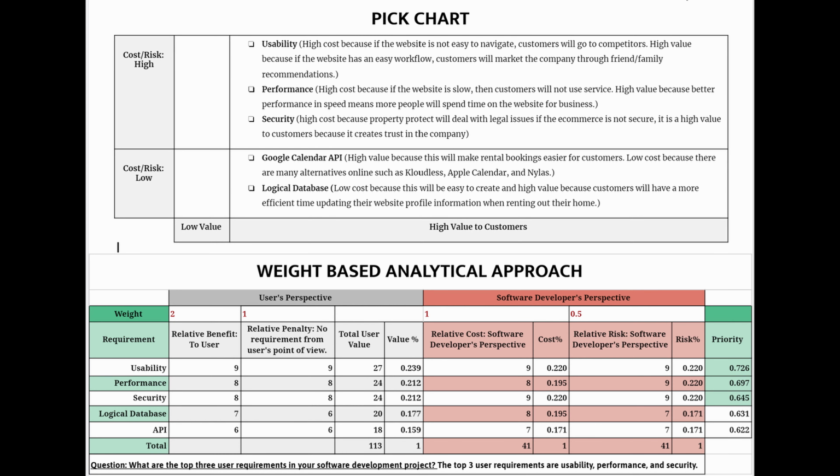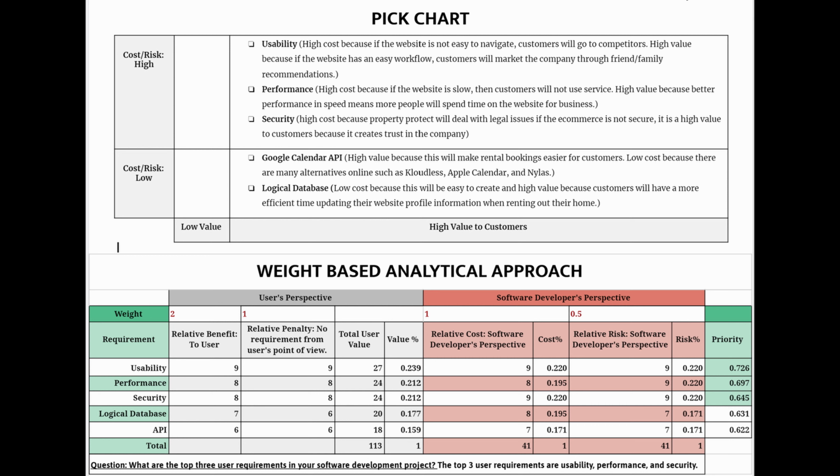So for the two software we chose to prioritize, we did the pick chart and the weight-based analytical approach. And the weight-based analytical approach is kind of based off the pick chart. So to determine usability for both, we listed it right here, usability.